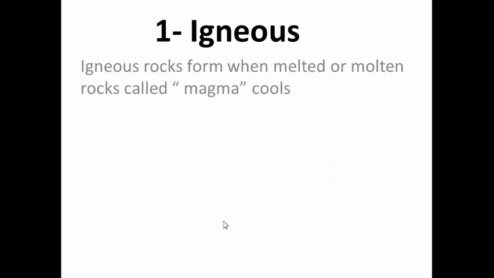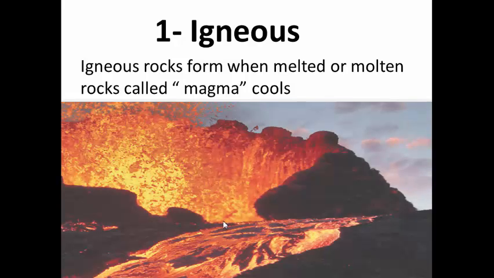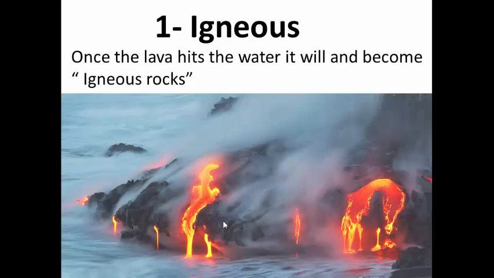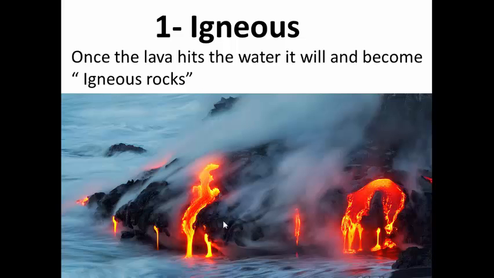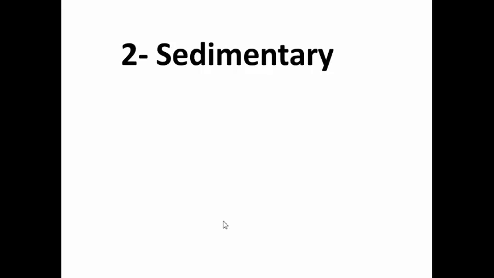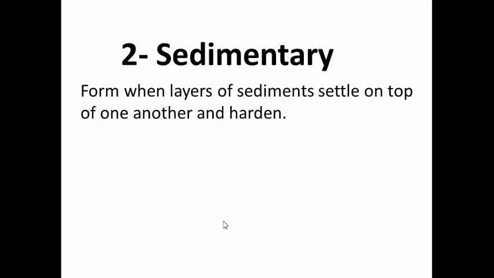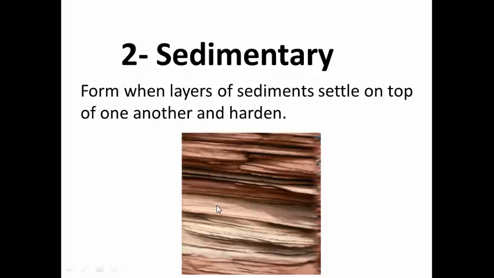I want you to remember all of these in your mind. Right now, igneous, we learned that igneous comes from volcanoes or magma, molten rocks from magma or volcano. When they hit the water, they change into igneous. Now, sedimentary. From its name, it comes from sediment. When these layers of sediments settle on top of another, they will become layers and layers, sedimentary rock.